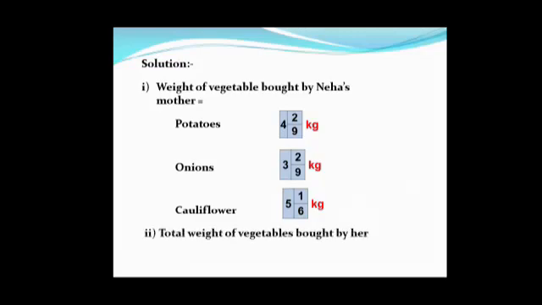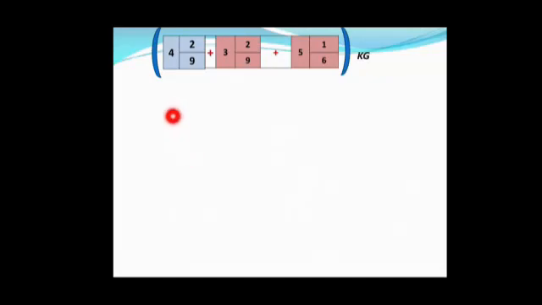We have to find out the total weight of the vegetables bought by her. So we will have to add all these weights. So we are adding 4 and 2 by 9 plus 3 and 2 by 9 plus 5 and 1 by 6.